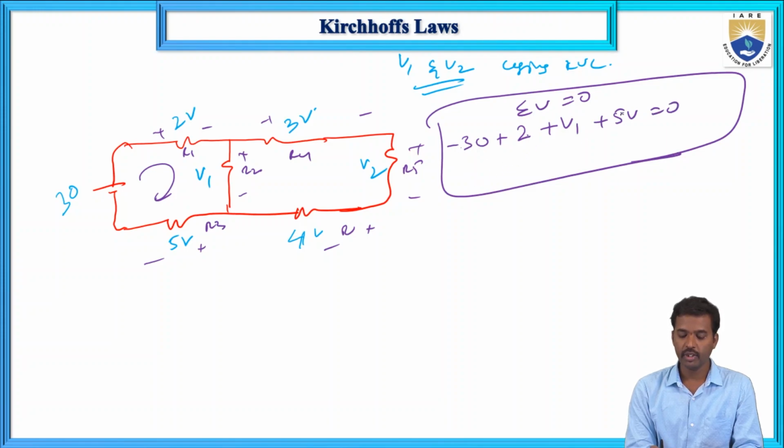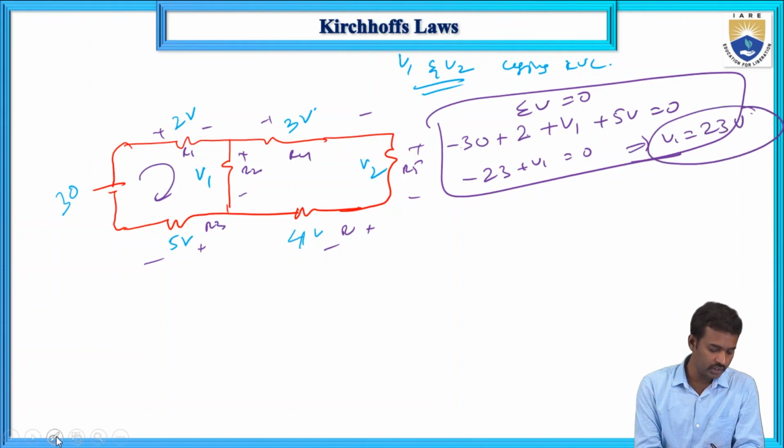So minus 30 plus 2 plus 5 is minus 23, plus V1 equals 0, and V1 equals 23 volts.